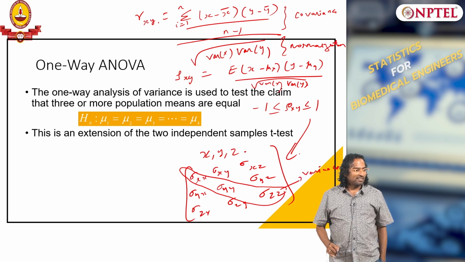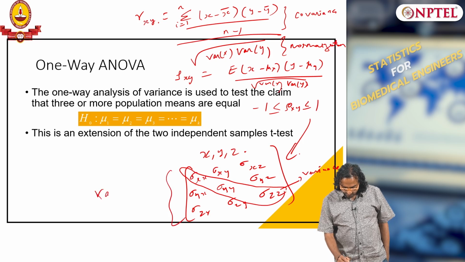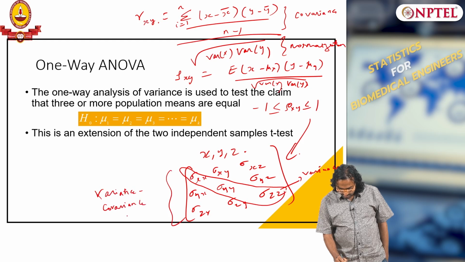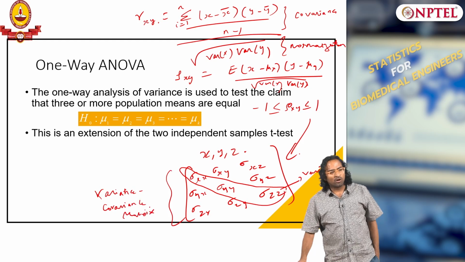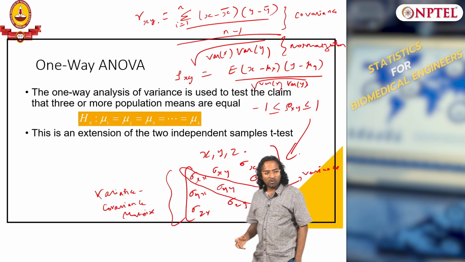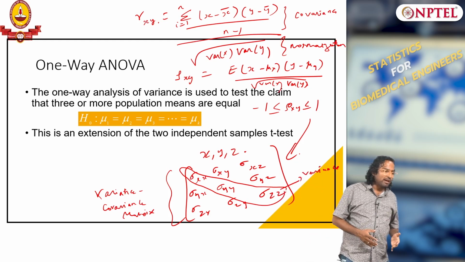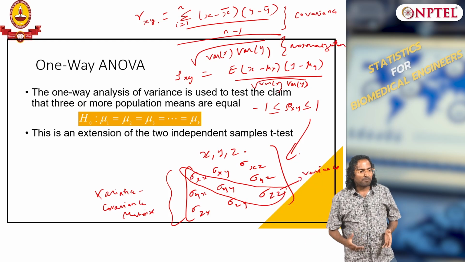Sigma xx stands for variance, sigma xy is the covariance. This is called the variance covariance matrix. Understand, this is a very powerful way of representing things, because when you want to understand relationships among many variables, it will turn out to be a variance covariance matrix.